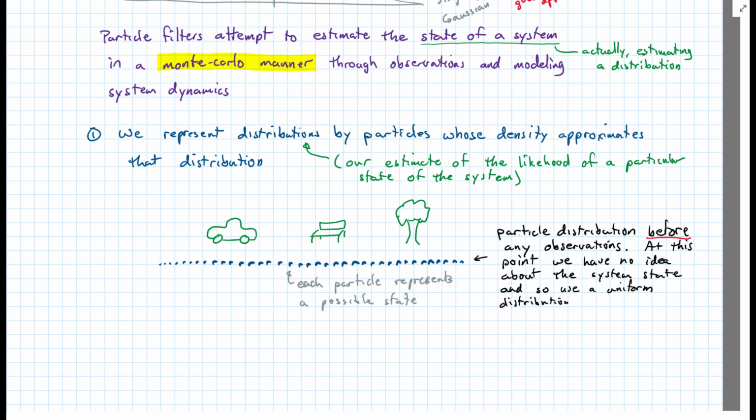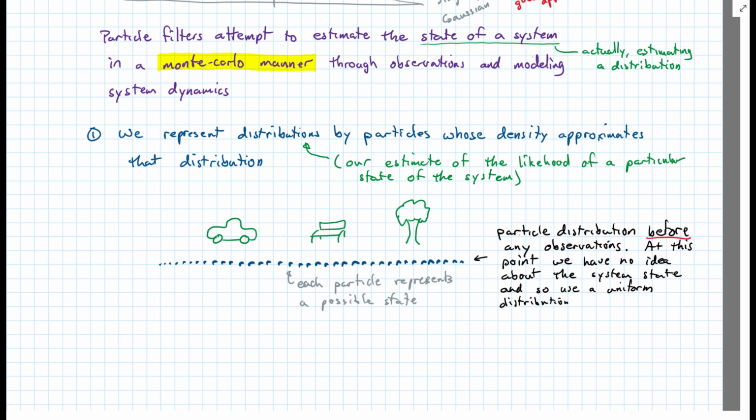Now, right now, I'm only drawing a particle as representing position, but it can also have more dimensions. It can represent velocity, height, color, whatever you want it to represent. It can be a multidimensional quantity that represents all of those things.